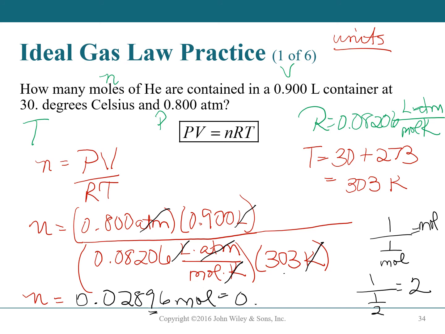So 0.0290, that's 3 significant figures, moles of gas, of helium. Okay? So that's how you use the ideal gas law. And again, when you read the problem, if you're given your variables, but there's been no change to my system, consider using the ideal gas law.